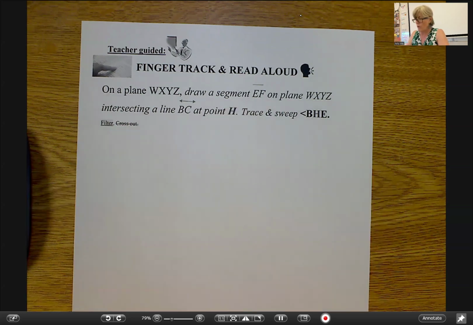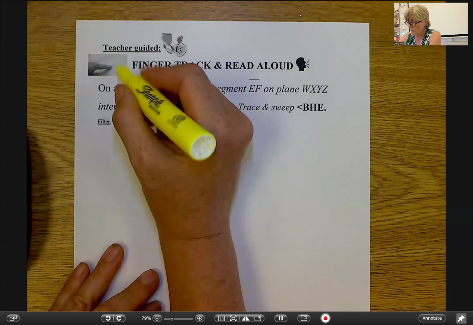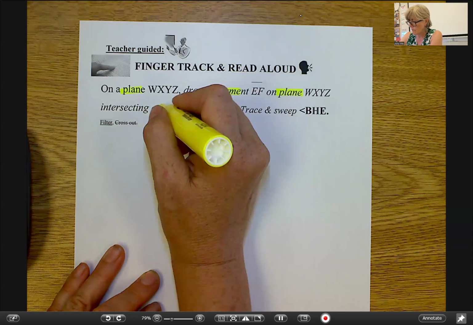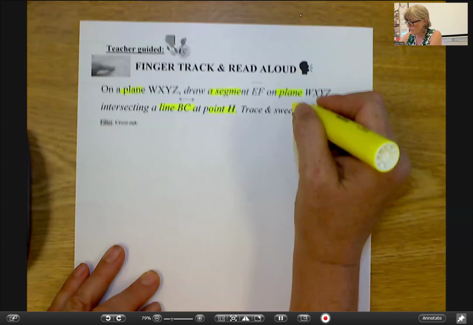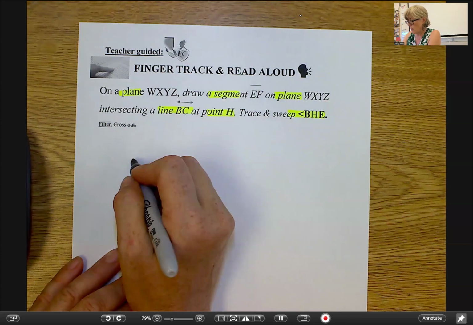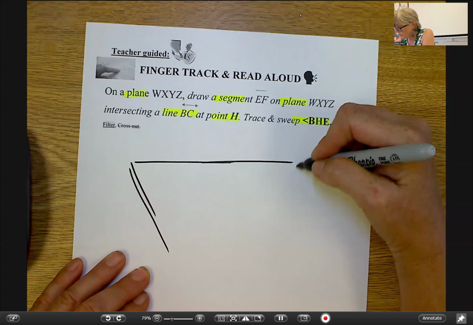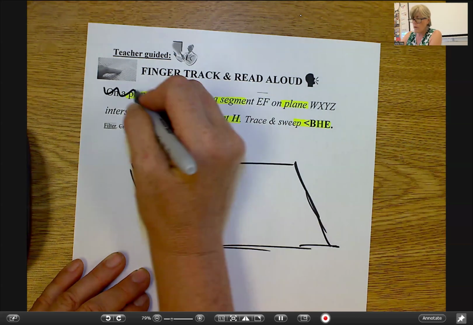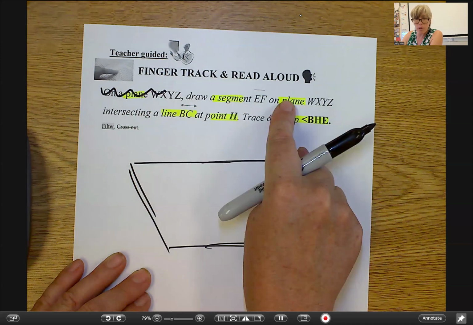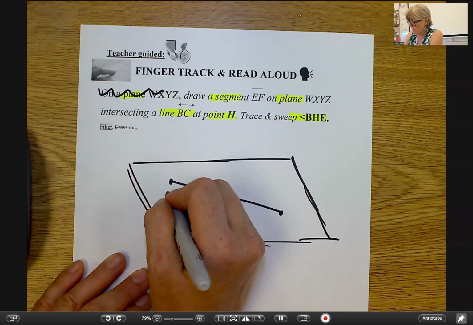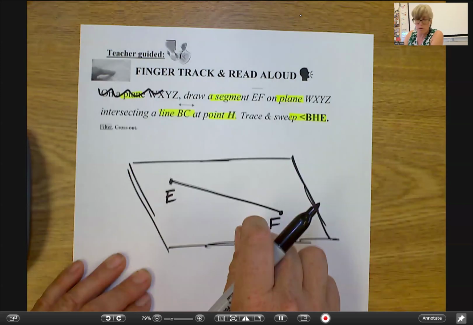Now, phase 2, filter. We have a plane WXYZ. So plane, we're going to make it a tabletop. Cross it out. Draw a segment on that plane. EF, a segment. Doesn't matter which way we tilt it. But what does matter is capital letters.